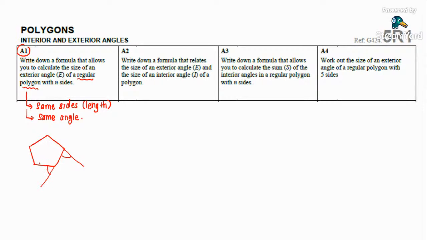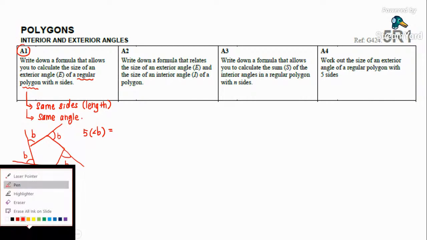So I have 1, 2, 3, 4, 5 exterior angles here, and they are all the same, which means I have 5 times the exterior angle.